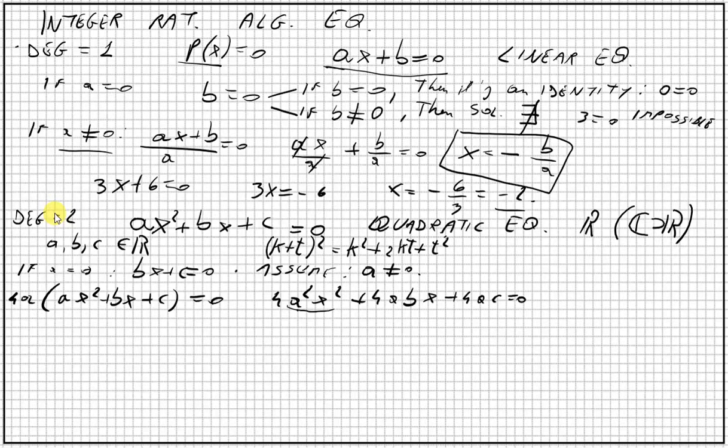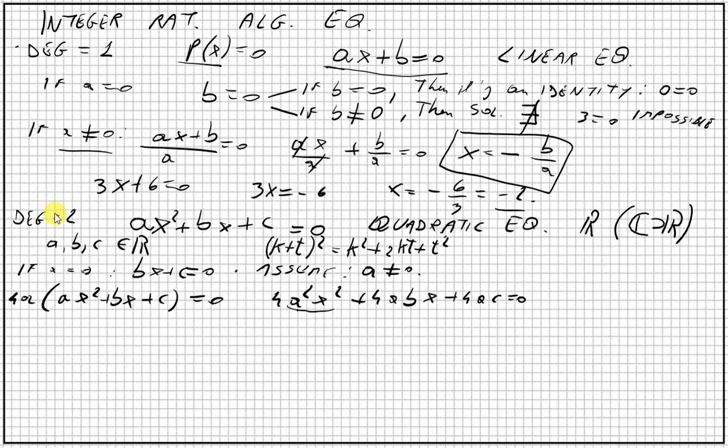Now, if you look at this expression, here the coefficient is 1, here is 2. How can I make up for that? Because in my particular case, I had a and b. Well, there is one number that if you multiply by itself, or if you multiply it by 2, you get the same number, and that number is 2. Well, there is also 0, but that wouldn't be very interesting.